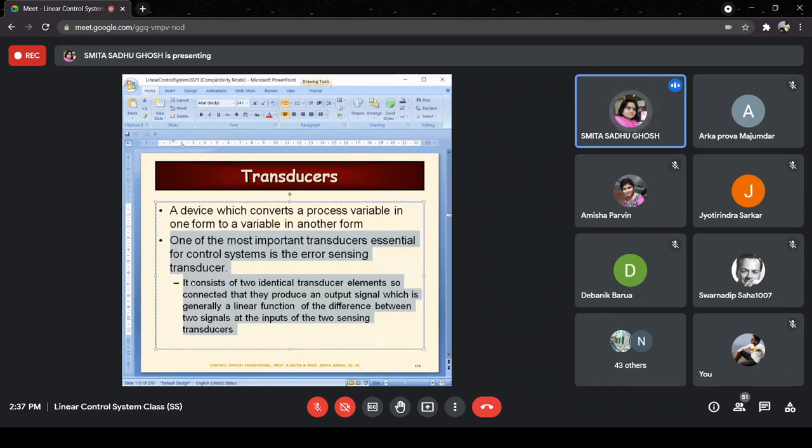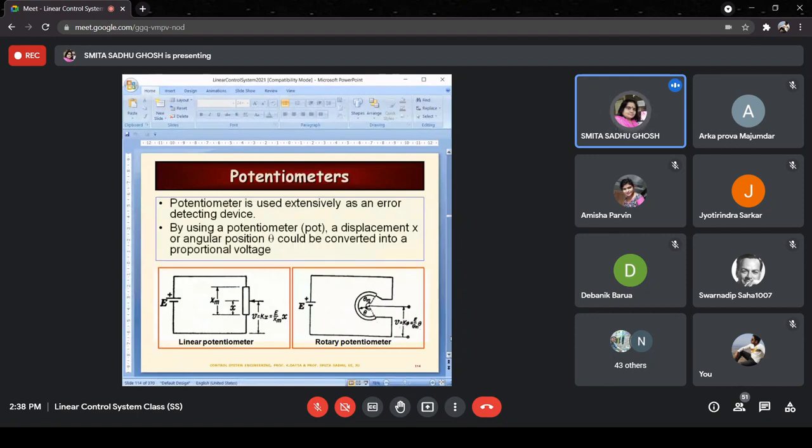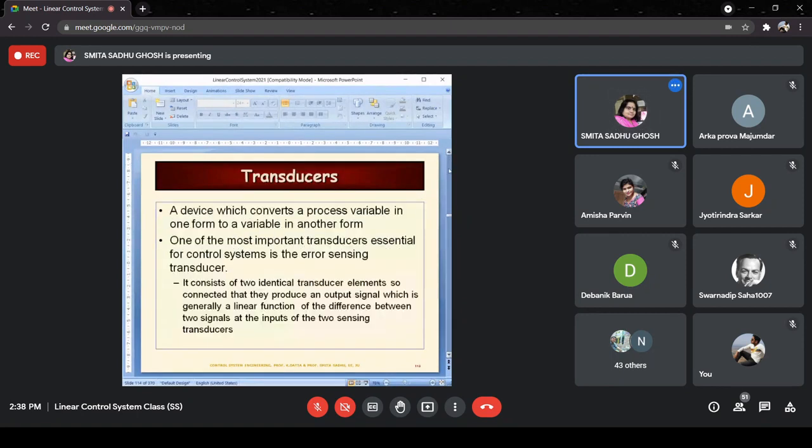The error sensing transducer consists of two identical transducer elements so connected that they produce an output signal which is generally a linear function of the difference between the two signals at the input of the two sensing transducers. I'll come to that in a moment with the help of diagrams. The diagram doesn't show you an error sensor right now. We will go to error sensors, but before that we'll go to something known as potentiometers.